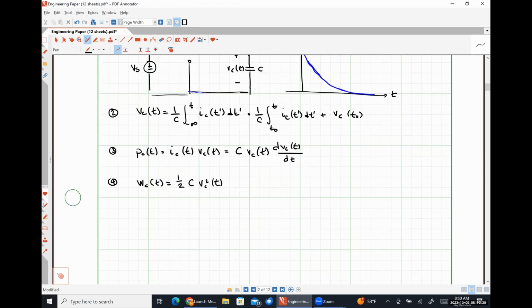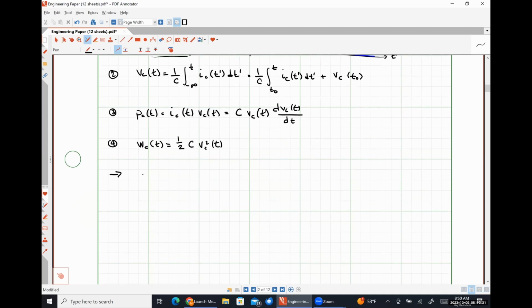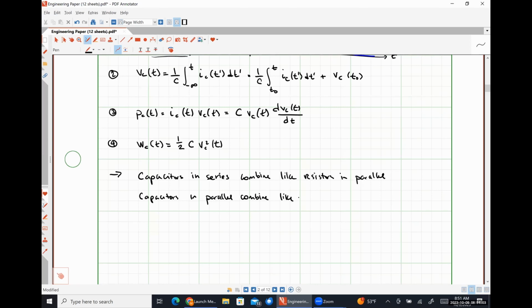But generally speaking, capacitors in series combine like resistors in parallel, and capacitors in parallel combine like resistors in series.